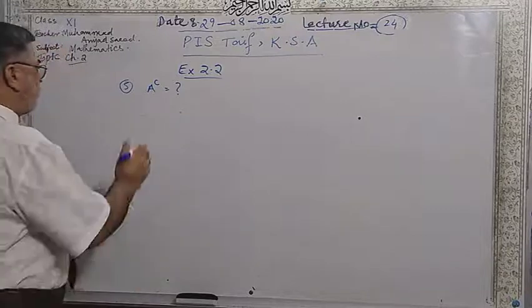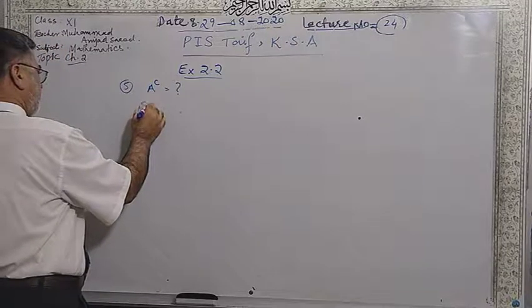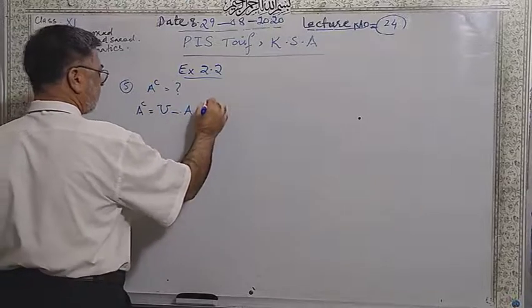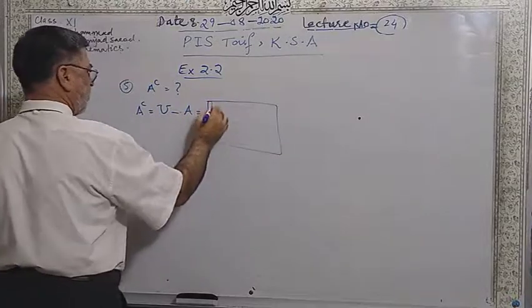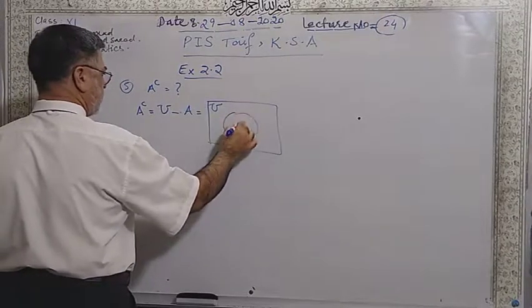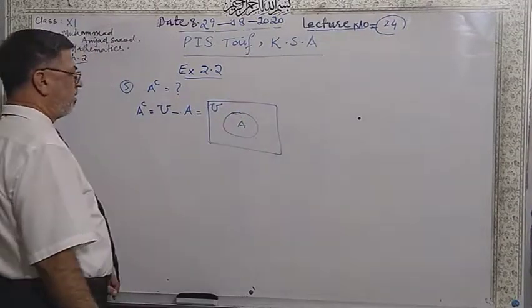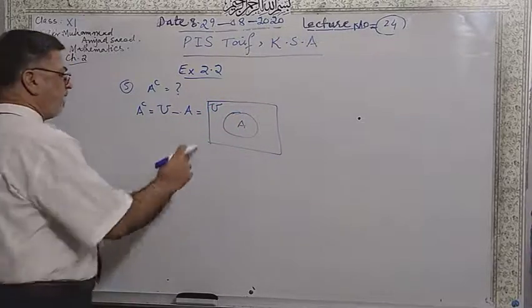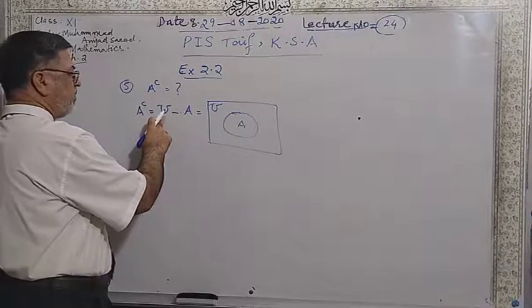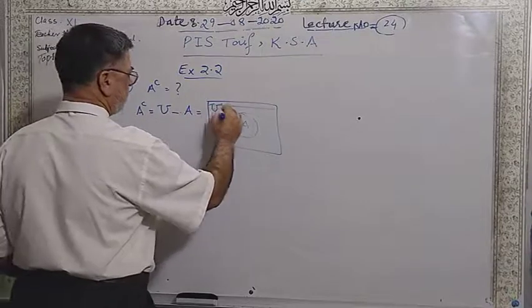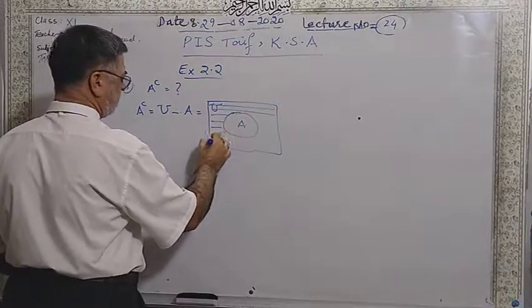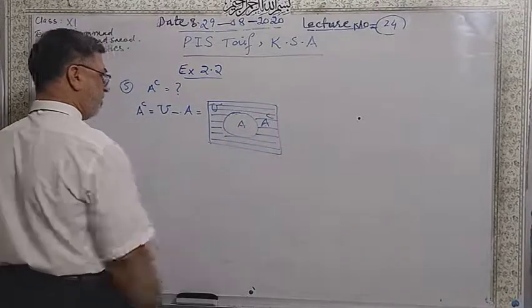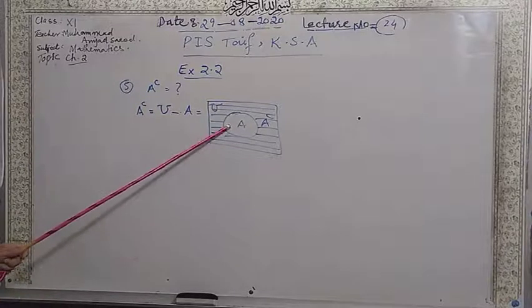What is A complement? Universal minus A. This is A. In the previous question we did that. A complement is the members of universal which are not in A. Outside A, this is A complement.